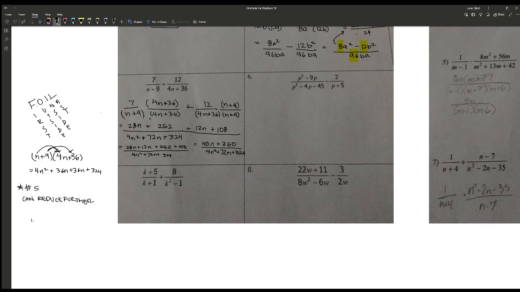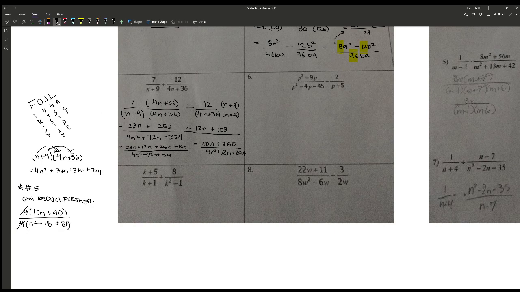So we would get 4, take the 4 out, so you'd have 10n plus 90. Take the 4 out of the bottom, so we would have n squared plus, let me see, what's 72 divided by 4? 72 divided by 4 is equal to 18, plus 324 divided by 4 is equal to 81.